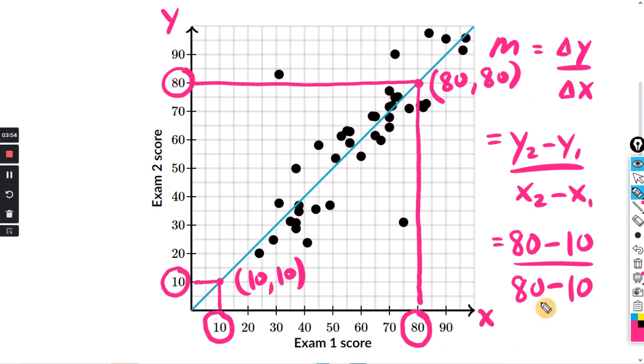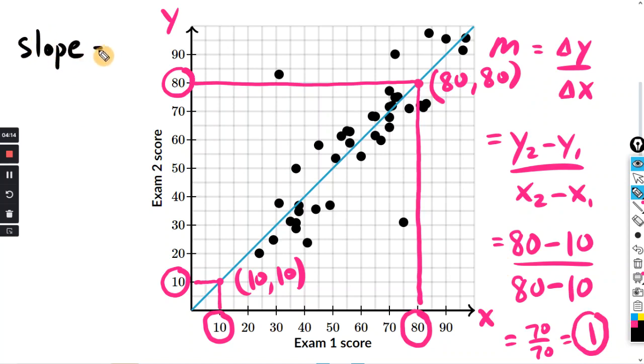Anyhow, 80 minus 10 divided by 80 minus 10, that's just 70 over 70, and of course, that's just 1. So far, the slope equals 1. In other words, m equals 1. Now we just have to find the y-intercept.